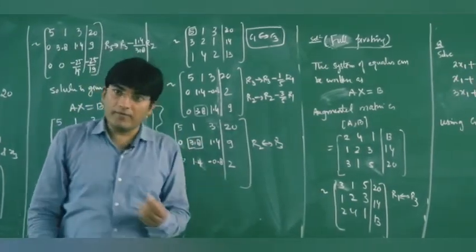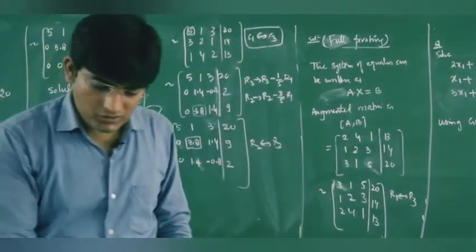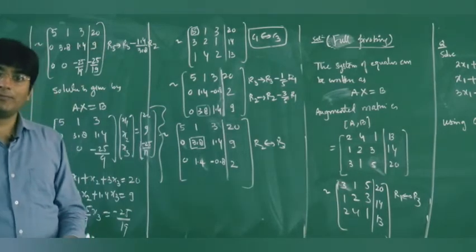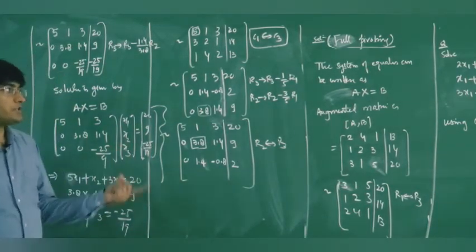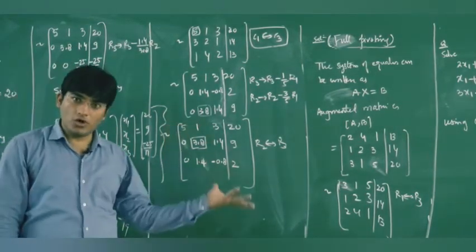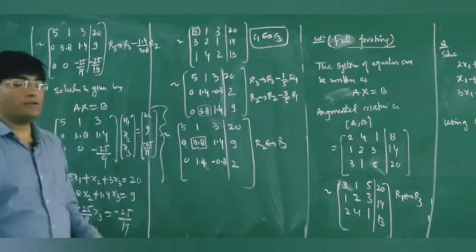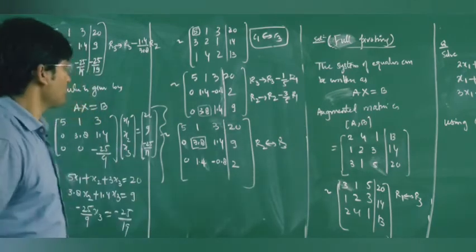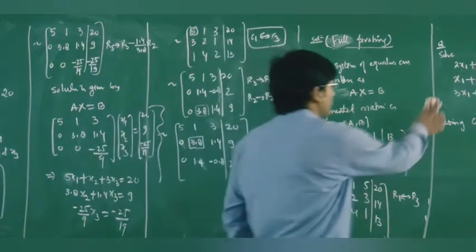Now why is this full pivoting necessary? Let us solve a question and we will see that while partial pivoting gives you a wrong solution, complete pivoting gives the correct solution. So again let us solve the question.